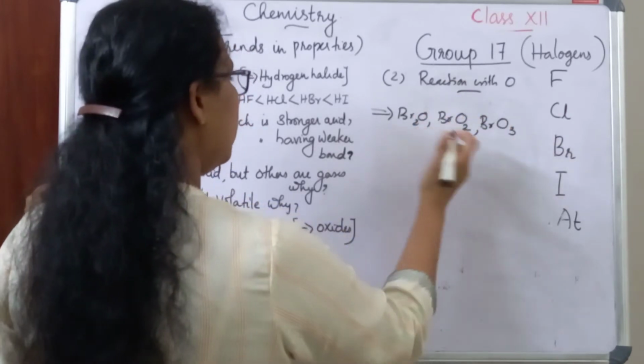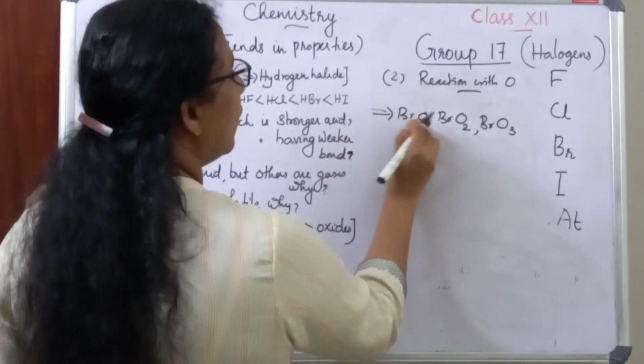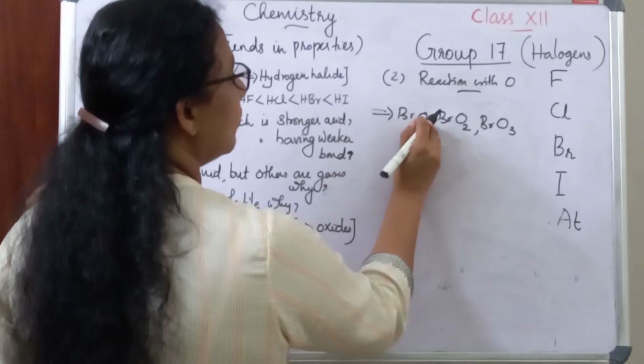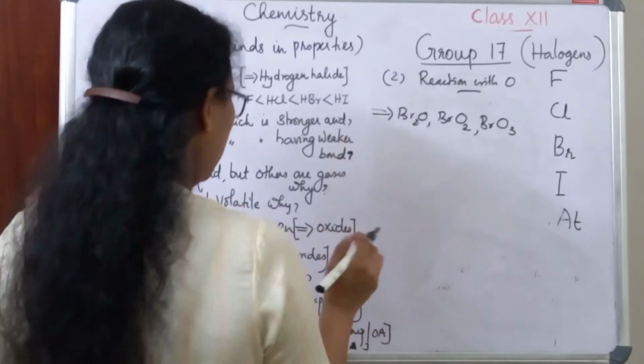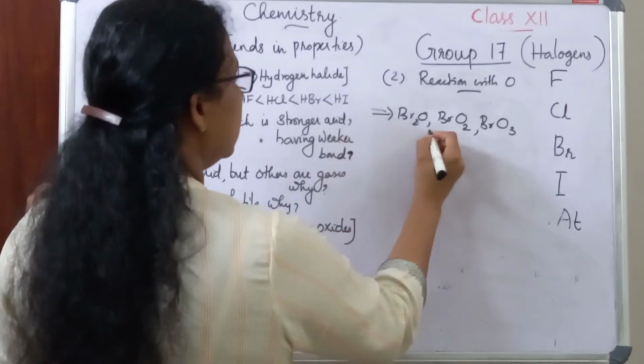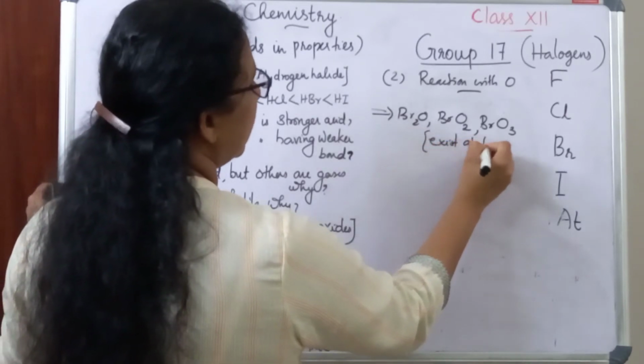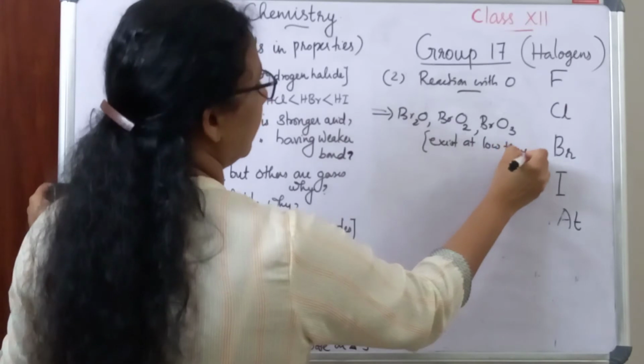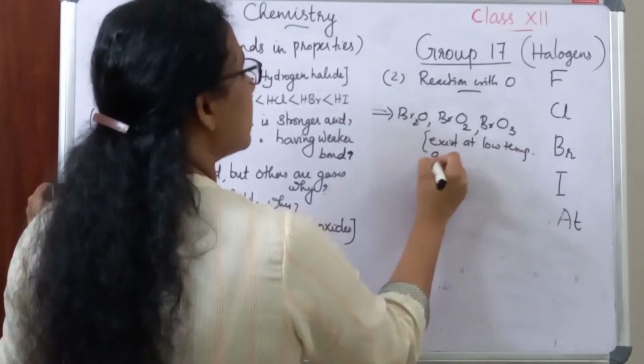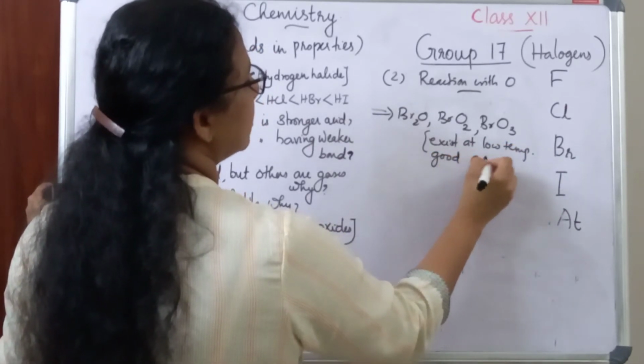So they are called bromine oxides itself. Here oxygen is more electronegative than bromine. The peculiarity is it exists at low temperature and it is a good oxidizing agent.